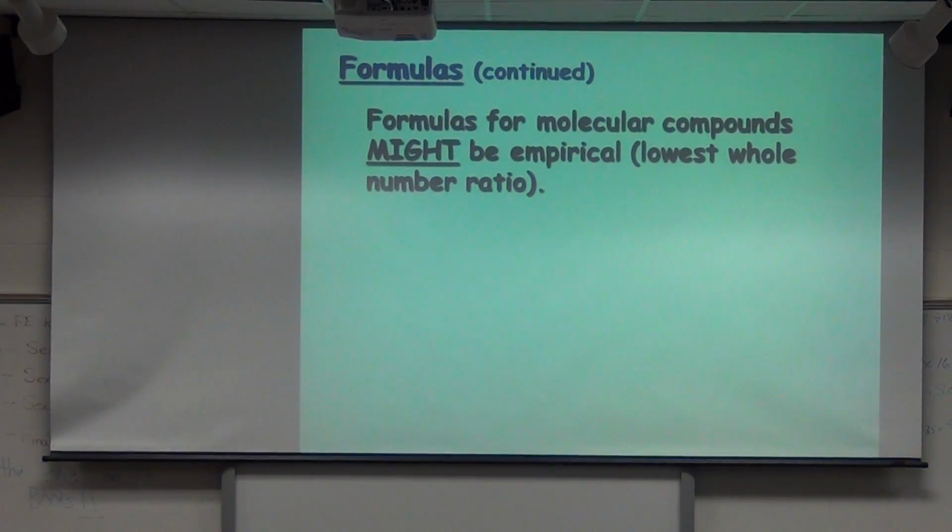For molecular formulas, again, they might be the same, but many times they're not. A couple of examples: water, H2O, can't be simplified down any further, so the molecular formula and the empirical formula are going to be the same.